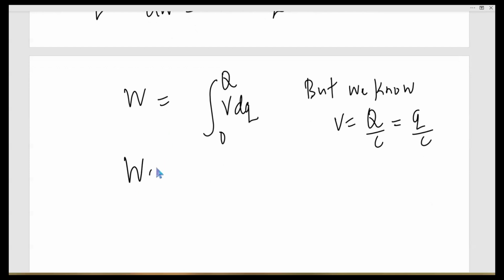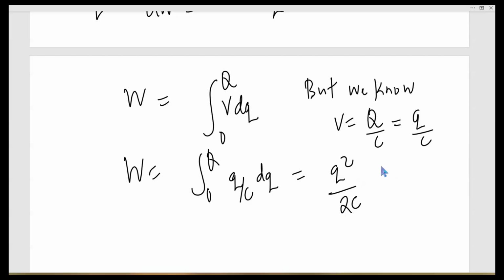So therefore, the work done will be integrating from 0 to Q of q out of C with respect to q. So integration, we increase the power by 1 and divide by the new power. So this becomes q squared divided by 2C, and then we just have to substitute in the limits.